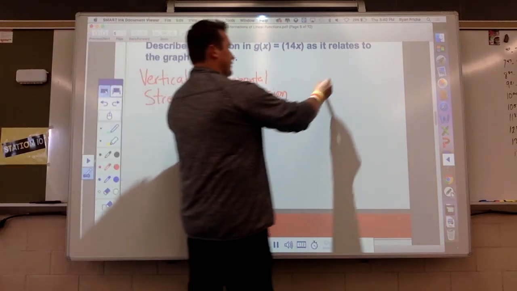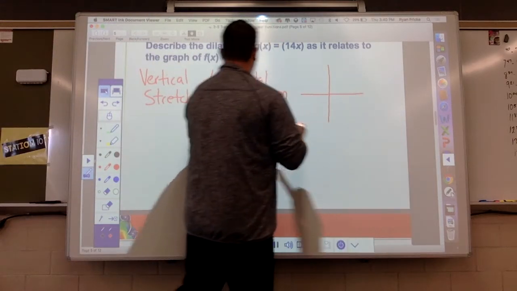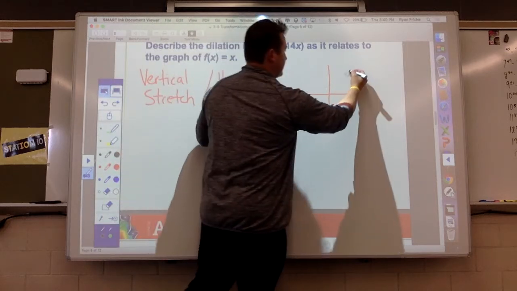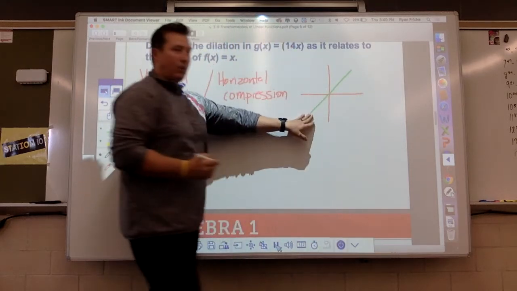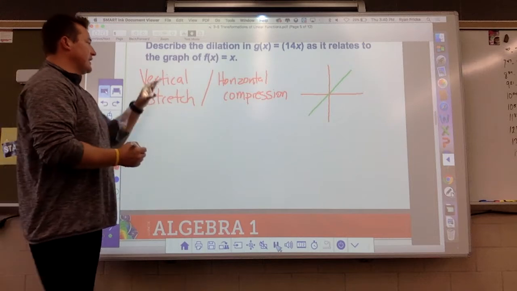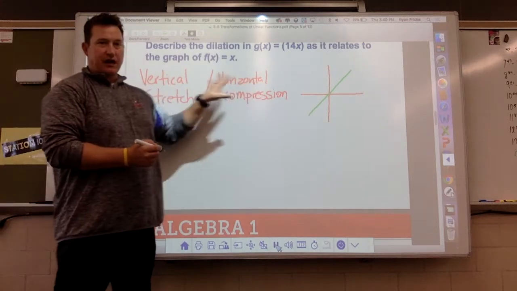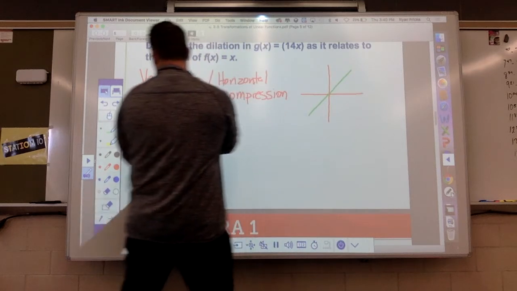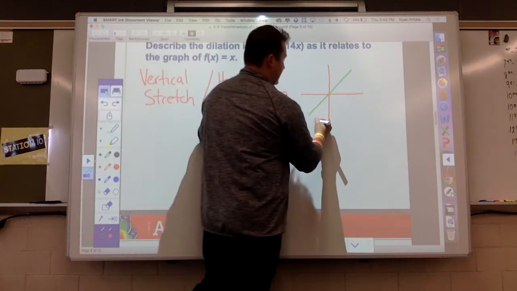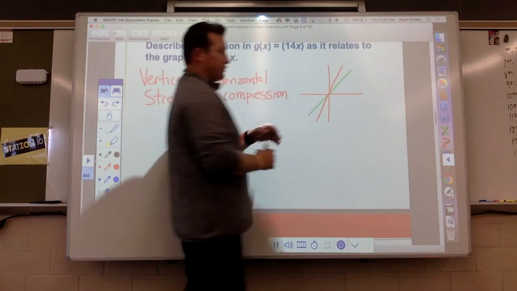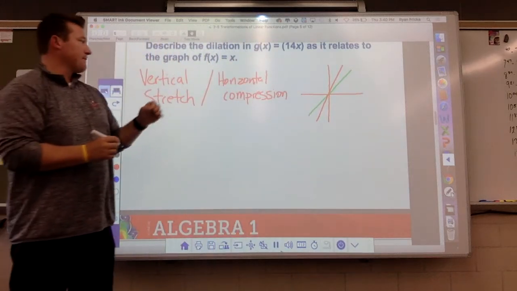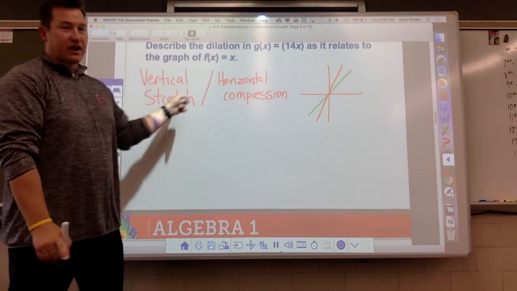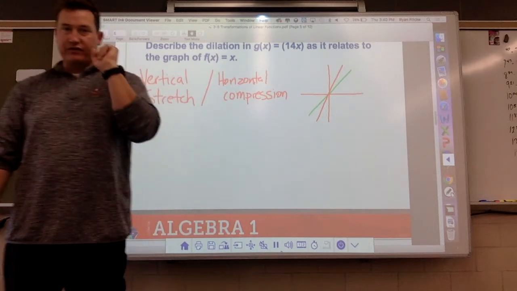So we would have our normal, I'll put it in green. Here's our normal y equals f of x function. If we're going to use this terminology, which means the same thing, our line, guys, no, I don't want it to be green. Our line is going to get steeper. Okay? But depending upon which phrase we use is what we would see.